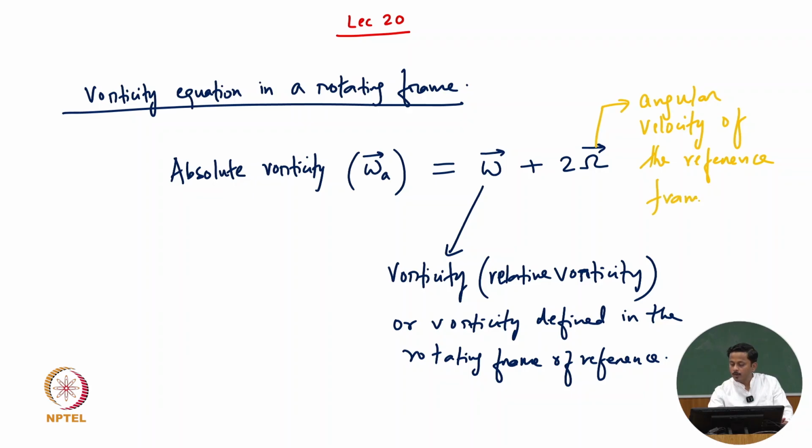So this is the angular velocity of the reference frame, and we are well familiar with this by now. And this is the frame that is attached to the Earth's surface, and based on which we do measurements of the geophysical flows.